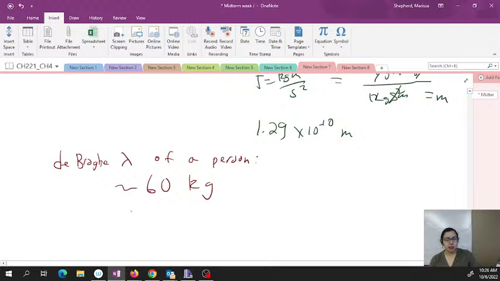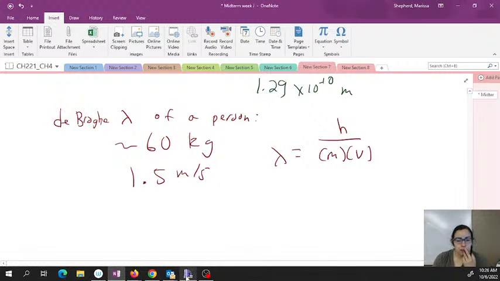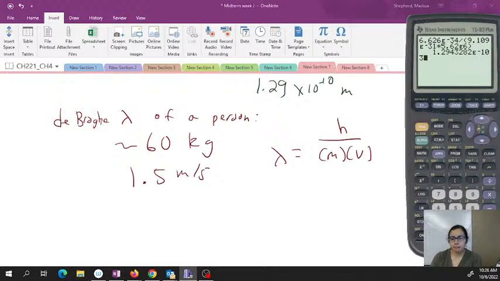And let's just say they're moving at about 1.5 meters per second. Now we'll just do the same thing. Wavelength is equal to Planck's constant divided by mass times speed. Let's plug that in: 6.626 times 10 to the negative 34, divided by my momentum.